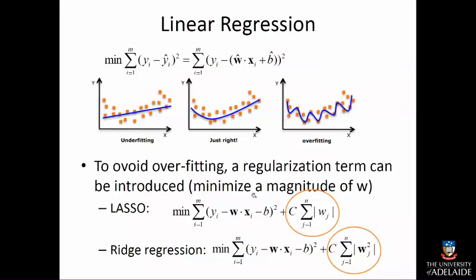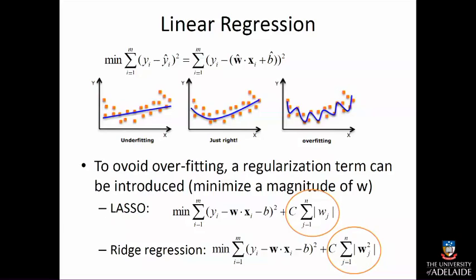So we can apply a regularization term to this linear regression reconstruction error, the objective function. For example, we can apply this L1 norm of the W. We don't want the magnitude of the parameter W to be too large. So we can just use the L1 norm, and this has a particular name called lasso.